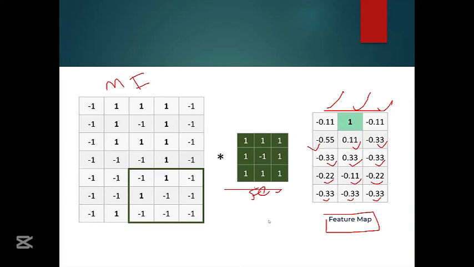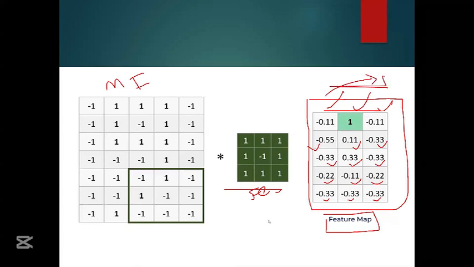This is the filter. Then this is the feature map image, right? So once we created this kind of an image, we can use this as one input to the network, right?